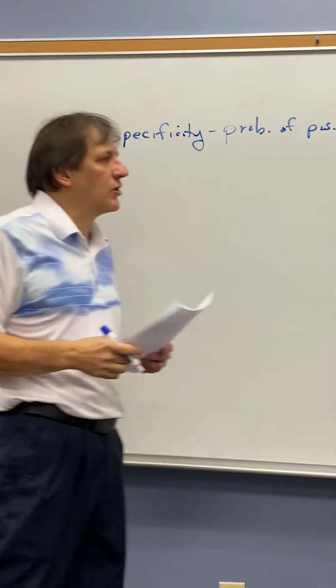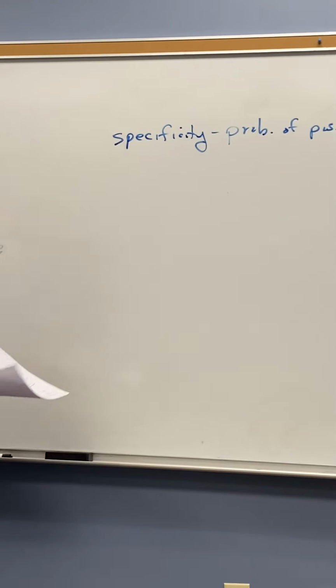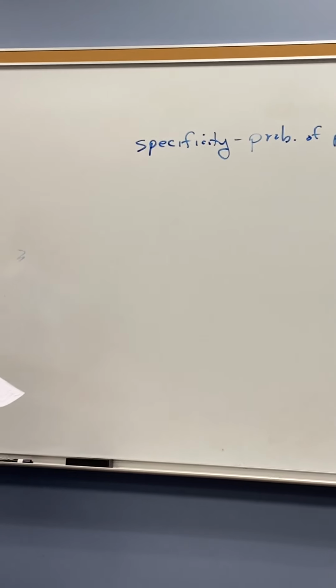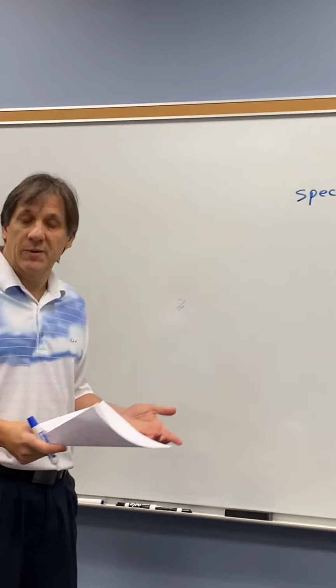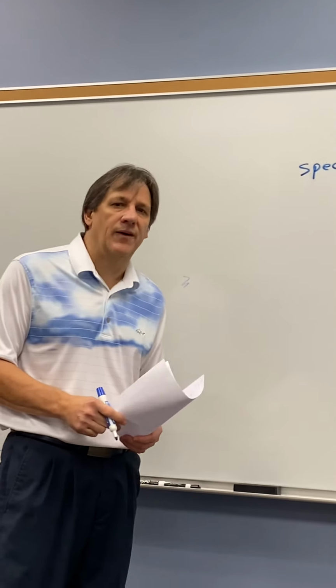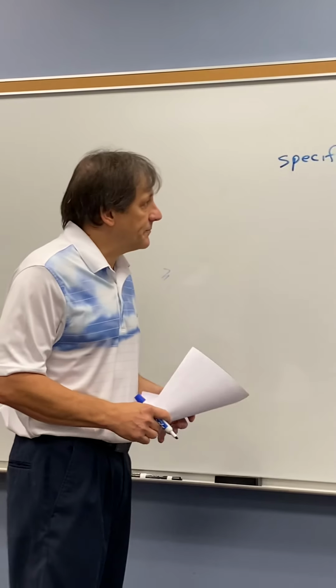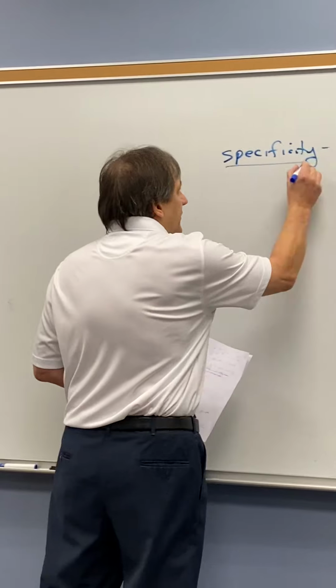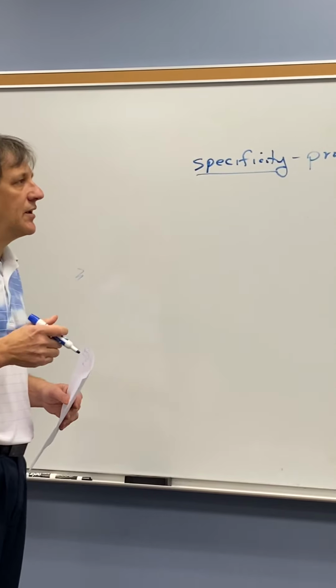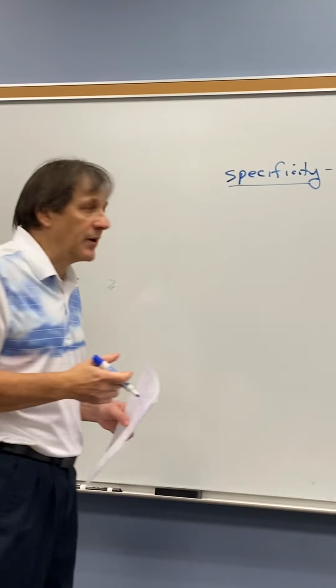So we're thinking in terms of, let's say, drug testing. If somebody is a user, we want to find them to be positive, right? And conversely, if somebody is not a user, we want to find them not to be positive. So specificity is the probability that you will find a positive test given that you do have somebody who uses.